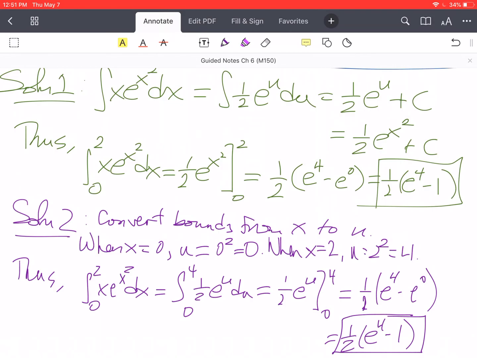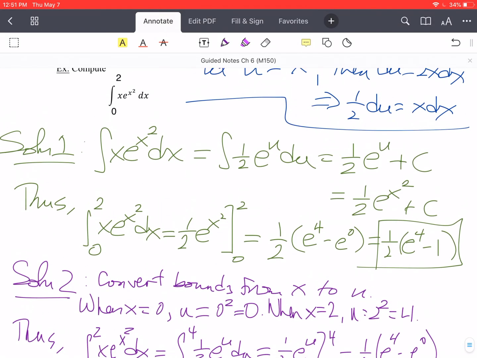So which of these methods you use to solve definite integrals by substitution is totally up to you. I don't have a preference either way, so sometimes it can depend on the problem, but a lot of times it's preference. So there are pros and cons to each. Some people like the first method more because it allows you to just do the work the way we had done it before and not have to convert the bounds, because some people find converting the bounds a little more confusing.